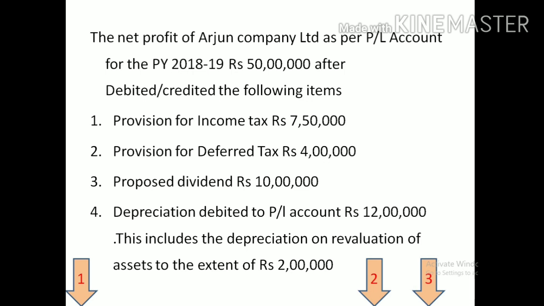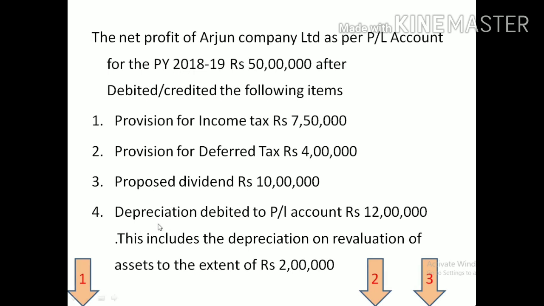The second one is provision for deferred tax, which is 4 lakh. If they create any provision, that time they will record it to the profit and loss account on the debit side. Already I discussed the concept of depreciation in the MAT provision format video. In that I clearly said that when you are adding the depreciation, it should include depreciation on revaluation. When you are deducting, it should exclude depreciation on revaluation.